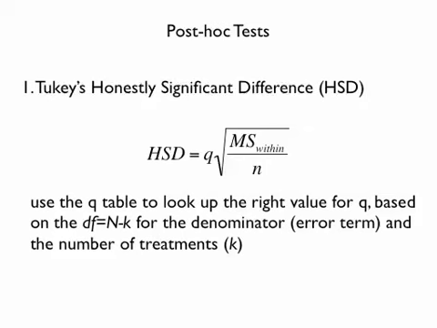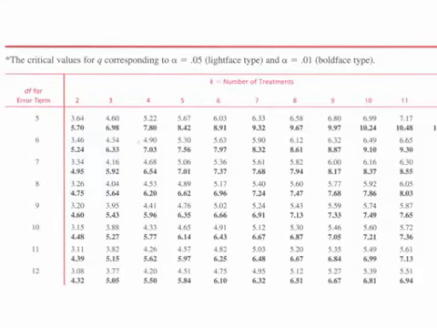Well, there's a table in the back of your textbook that shows you how to look up what Q is. Q is the studentized range statistic, and you don't even need to know that to use the table. The table's pretty easy to use. For K number of treatments, you look that up in this row at the top.